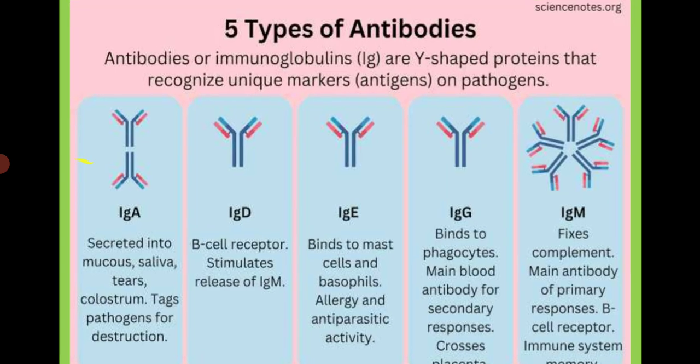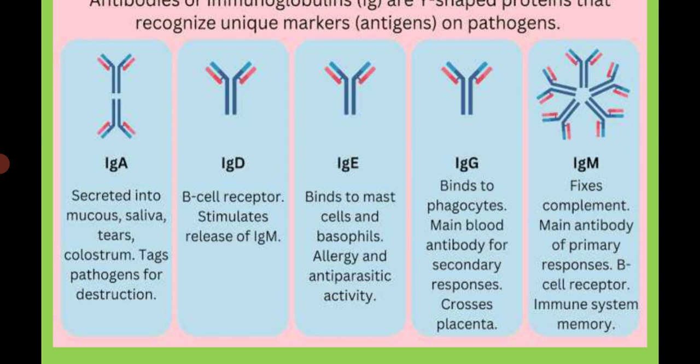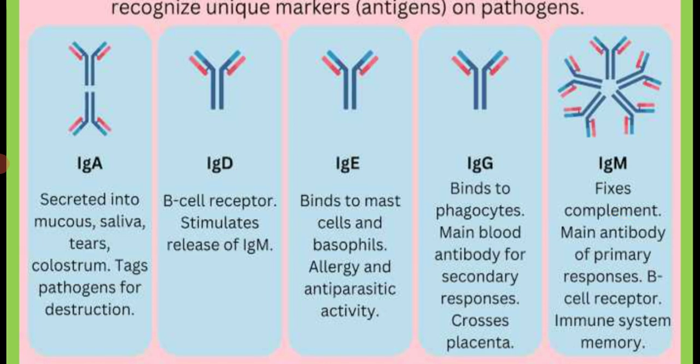Here in this image, 5 types of antibody and their characteristics are listed. IgA is a secretory antibody secreted into mucus, saliva, tears, colostrum, and it tags a pathogen for their destruction. IgD is present on the B cell receptor and it stimulates the release of IgM. IgE binds to mast cells and basophils. It is synthesized at the time of allergy and anti-parasitic activity.